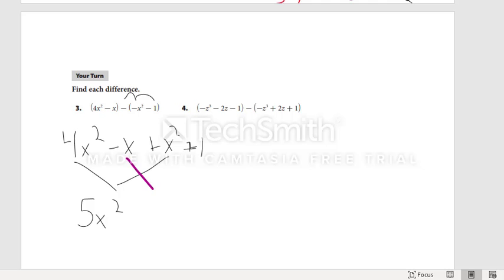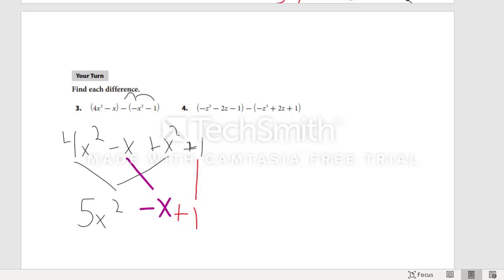Negative x, there's only one x term with no other exponent, so it's minus x. And plus 1, it's the only term that's a number by itself. So you should get 5x squared minus x plus 1.